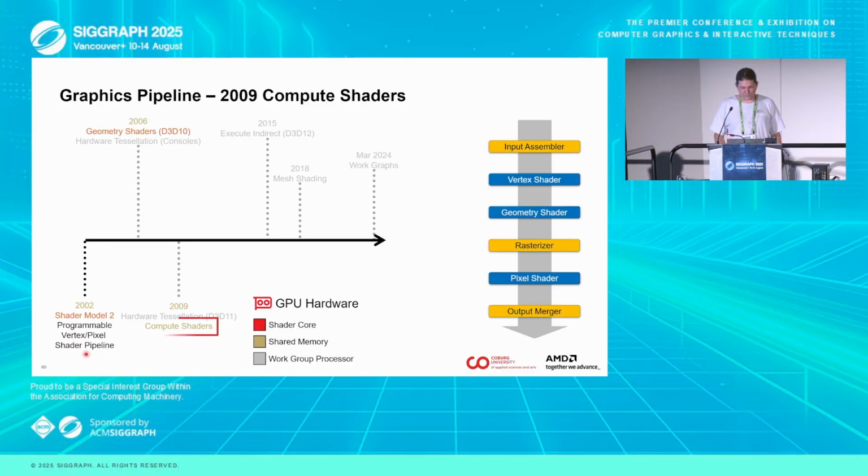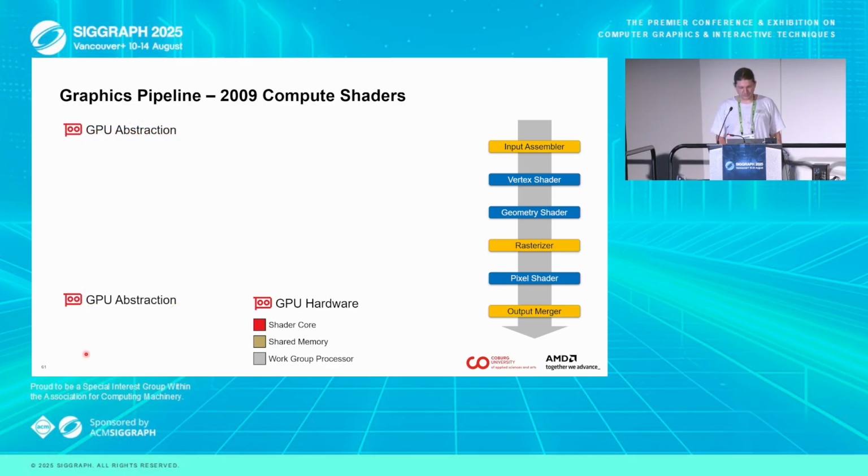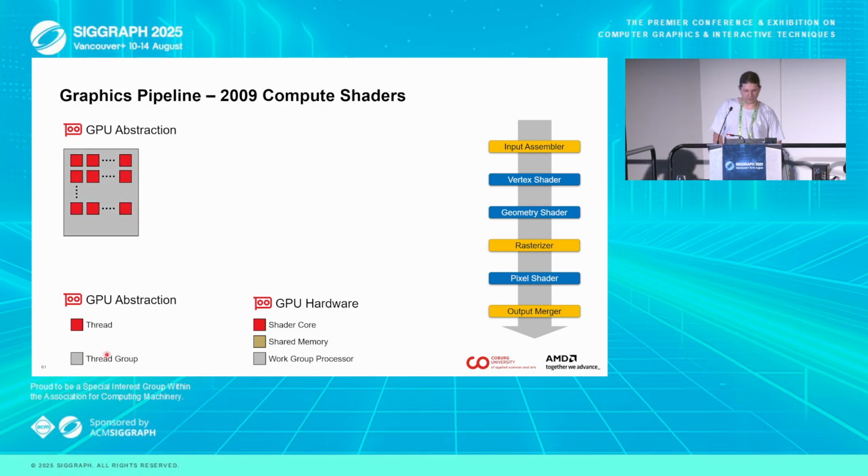So with that abstract model, they came up with the idea of doing compute shaders. Hey, let's not just do graphics with it. Let's do compute shaders. And a compute shader requires a software abstraction. So every thread is put into a grid of threads, which is called a thread group, and we add an abstract concept of a shared memory here, which is called group shared memory, and everything really maps nicely to hardware.